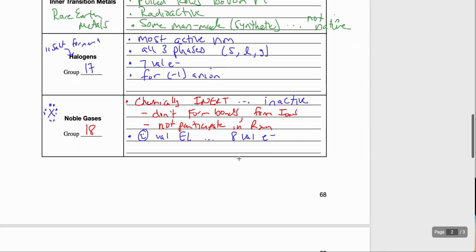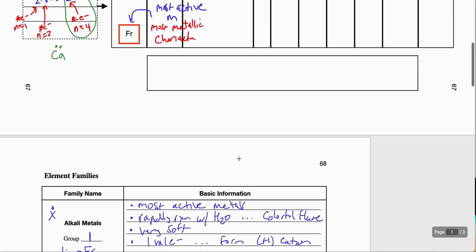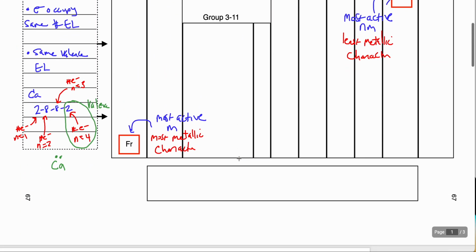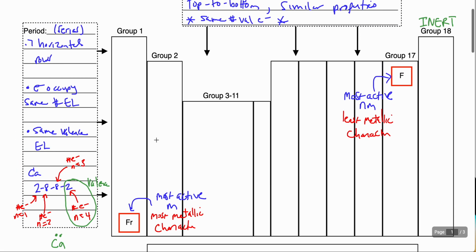Going back to page 67, a couple things that I might like to write in here is the name. So group 1, this is alkali. Where group 2, it's alkaline earth. Group 3 through 11, this is my transition. And I'll probably put colorful solutions.